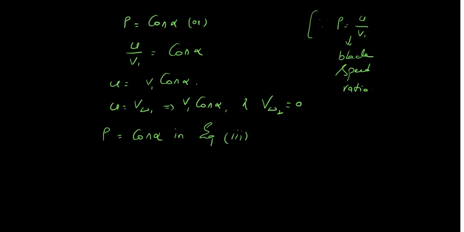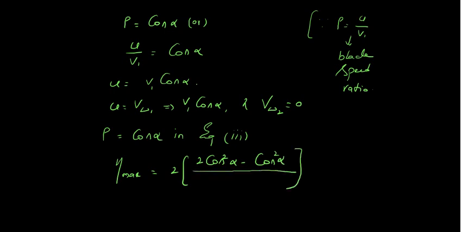Now, maximum efficiency equals 2 times, maximum efficiency equals 2 times of cos square alpha minus cos square alpha, right? Whole divided by, just 1 minute now.